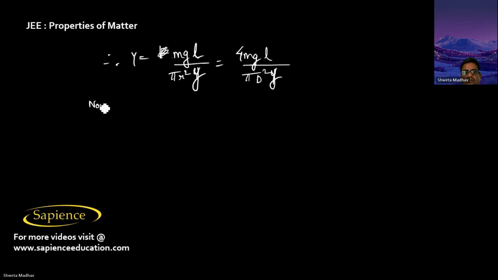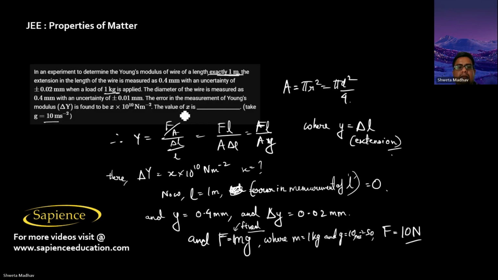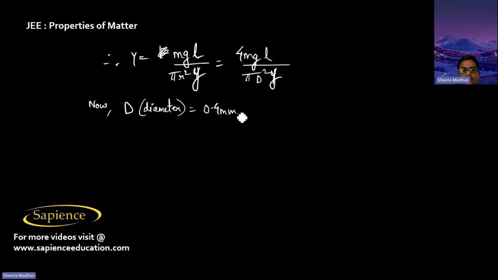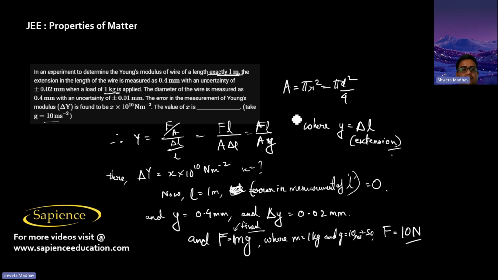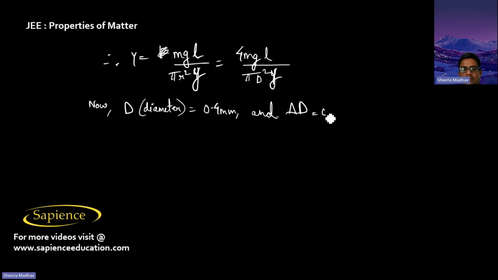Now the d, which is the diameter of the wire, is given as 0.4 millimeter, and the uncertainty, the absolute error in the measurement of the diameter, is 0.01 millimeter.